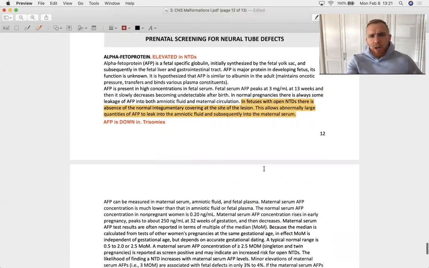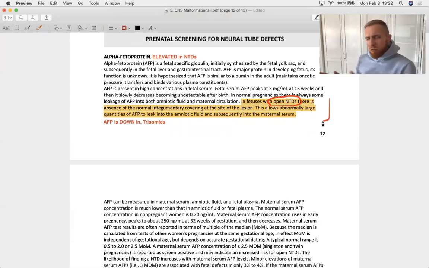Talked about occulta. Last thing we'll mention in this SDL, alpha fetoprotein is elevated in neural tube defects, but specifically in open neural tube defects, it's going to be the very highest. So something like anencephaly or cranioraschisis, those are open neural tube defects, or something like a myelomeningocele. So how this question could get asked is like, mom has an elevated alpha fetoprotein.